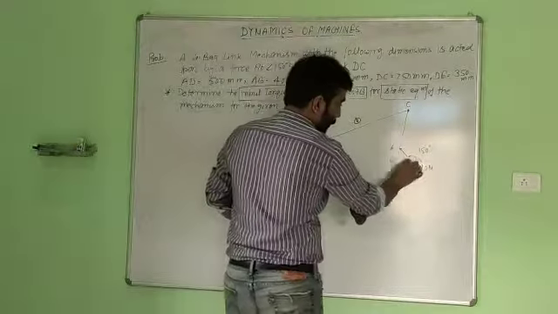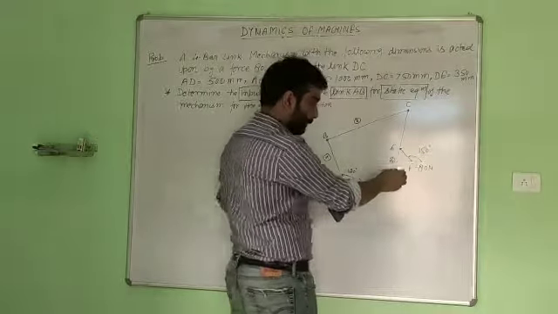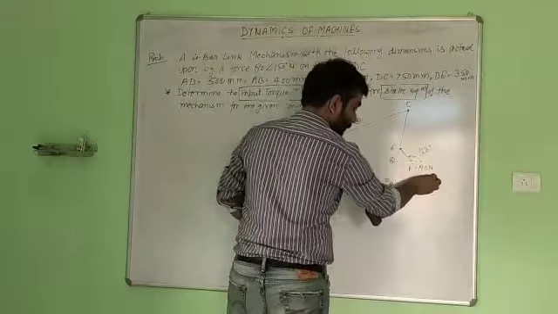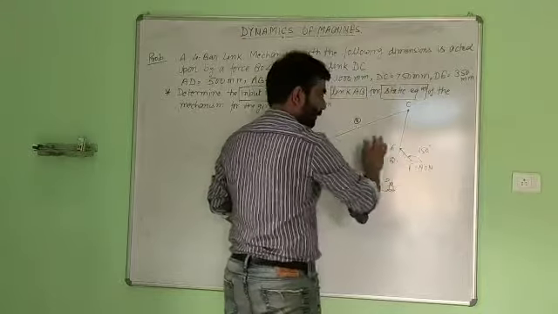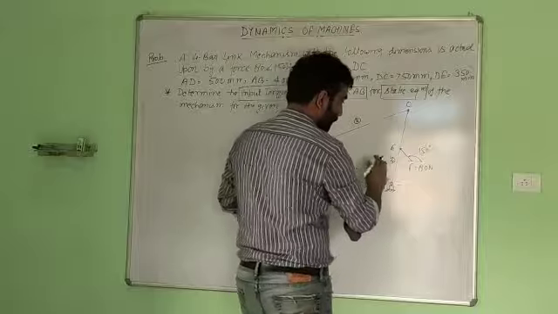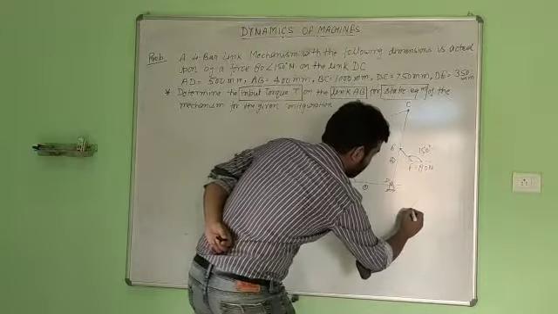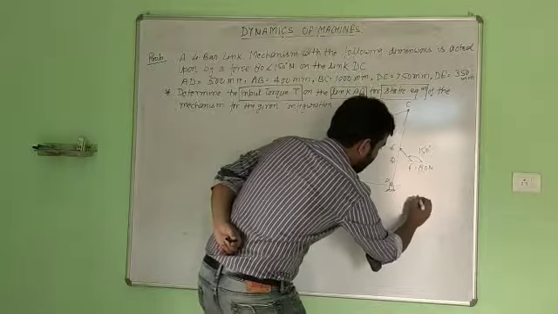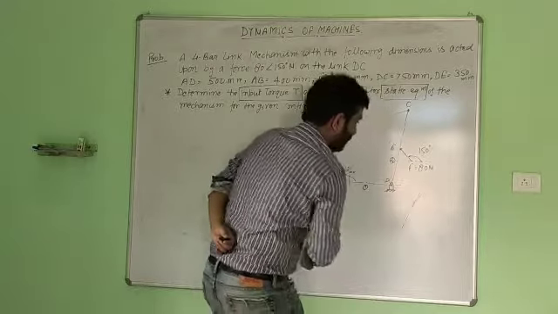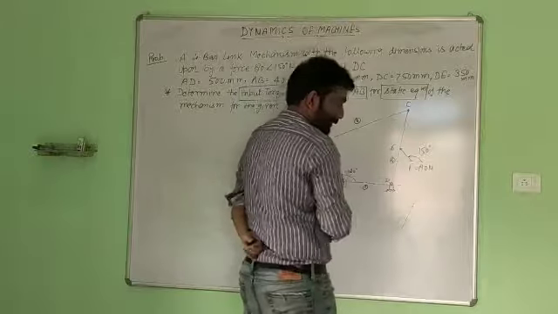Another point, we have to draw the force of 80 Newton. Just scale down that force also. Force of 80 Newton at an angle of 150 degree. How are we going to draw this force? Let's say this one is the point on which force 80 Newton is acting.